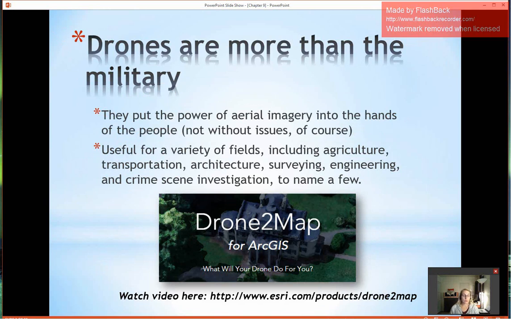Just a note on drones. Drones are more than just for military use. Esri has a whole set of software called Drone to Map for creating geospatial data from your drone imagery. The imagery we can obtain by using drones is useful in a wide variety of fields, including agriculture, transportation, architecture, surveying, engineering, and crime scene investigation.